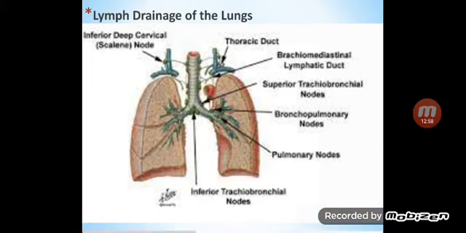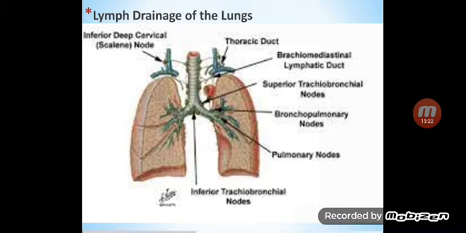Lymphatic drainage of the lung. We have two plexuses, the superficial plexus and the deep plexus. Superficial أو يسموها subpleural because it is just underneath the visceral pleura. And you remember that the visceral pleura is adherent to the lung tissue.